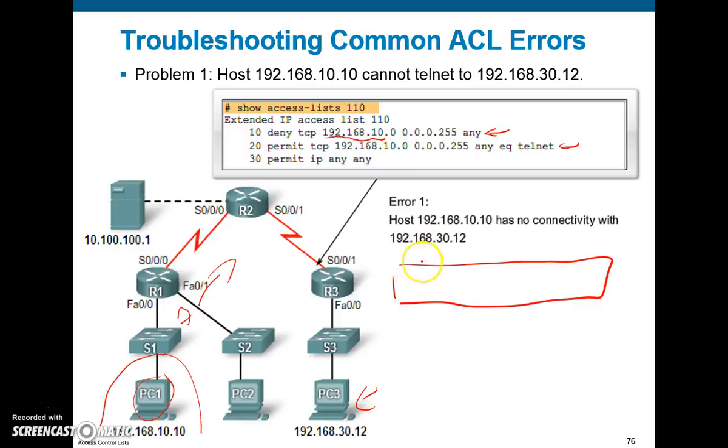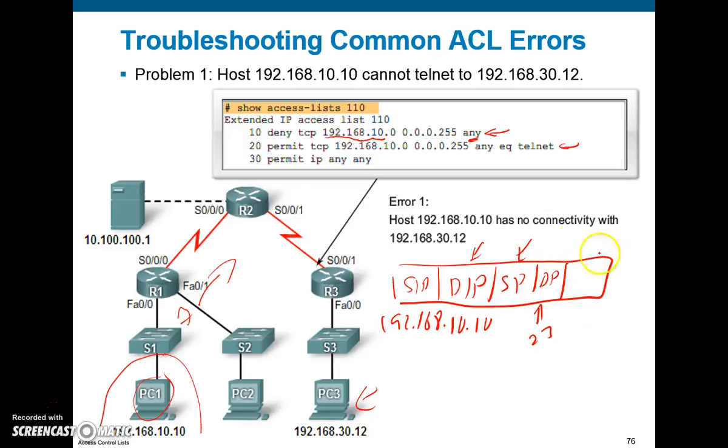The source IP is 192.168.10.10. The destination IP is any, so we don't really have to care about the destination IP. The source port used by PC1 is actually a random port number, so it doesn't matter. The destination port is telnet, port 23.